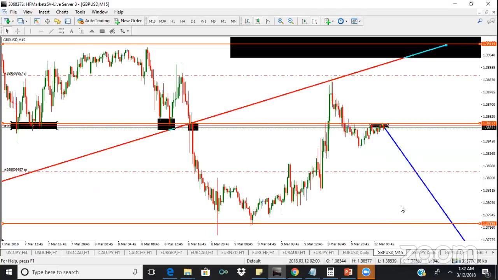Let's see how this will play out, okay? This has the capacity to play out well, because we have seen this work out. So let's see.